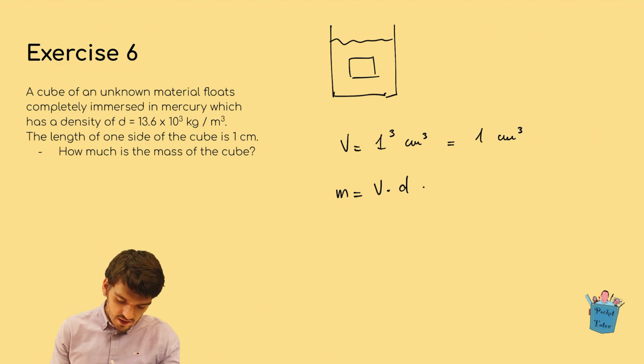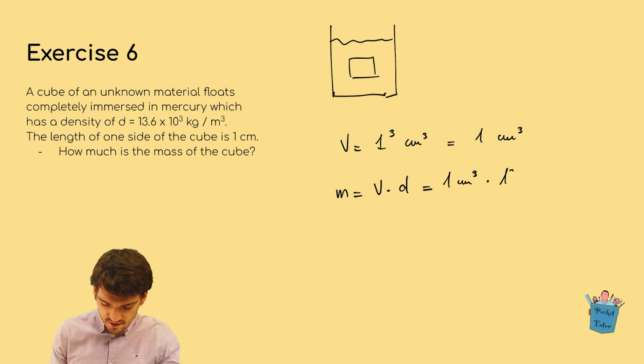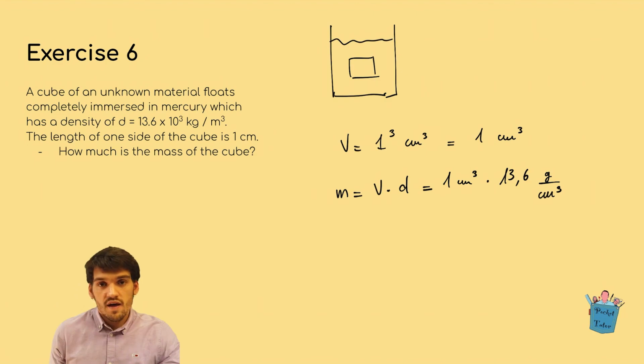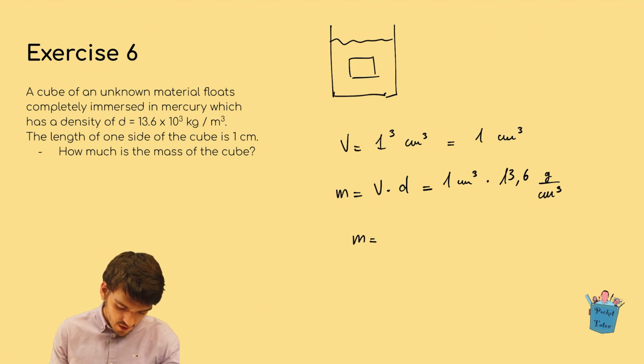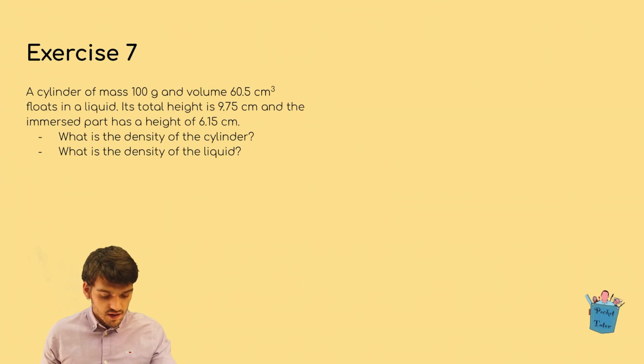This means that the mass will be given by 1 centimeter cubed, which is the volume, times the density, that is 13.6 grams over cubic centimeters. And therefore the mass, M, will be equal to 13.6 grams.